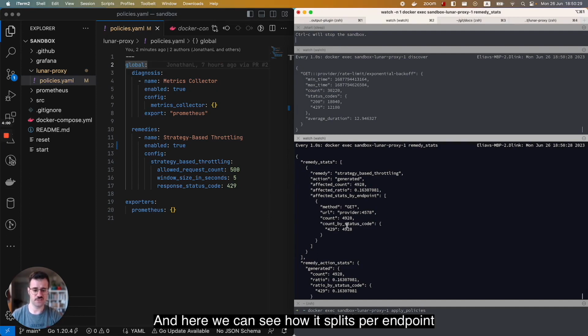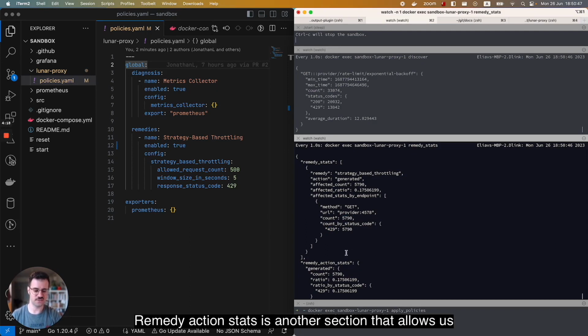And here we can see how it splits per endpoint by status code. In this case, all the effect this remedy plugin had was to return 429s, so this is exactly equal to the total count.